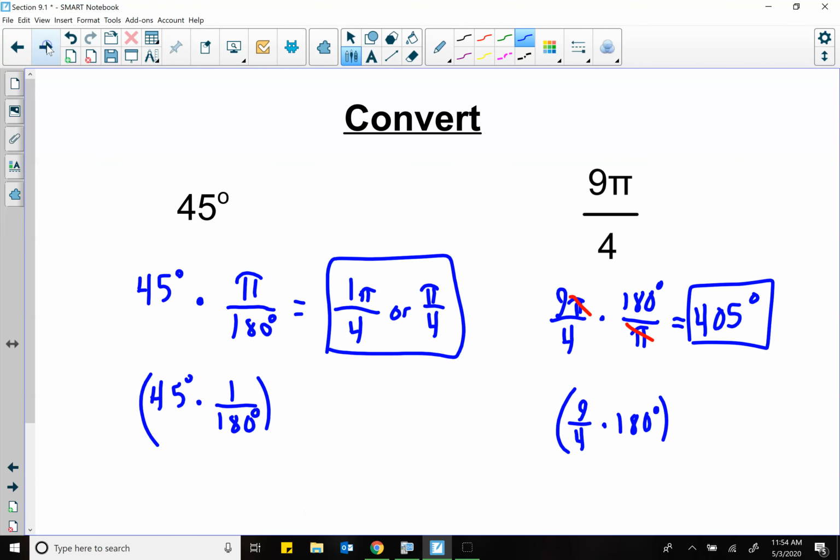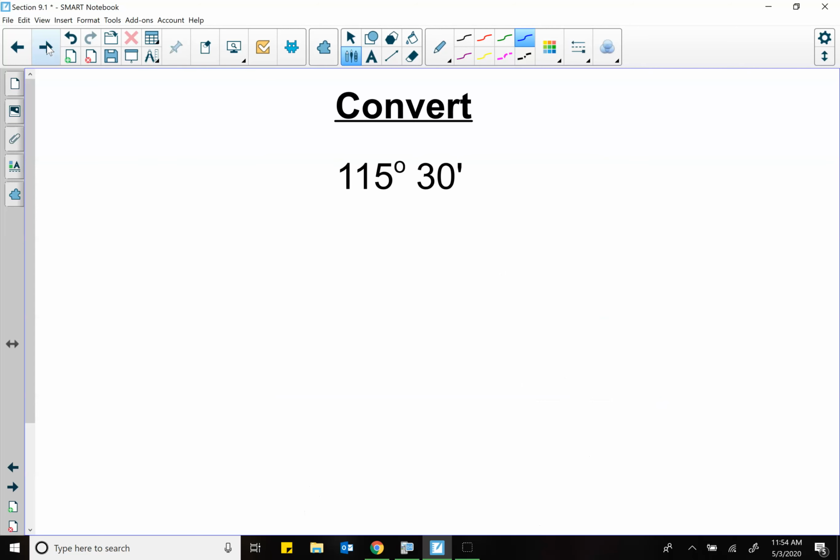Okay? So, now that you know how to convert, try this conversion. So we are in degrees and minutes. I want you to convert this into radians. Go. Okay. So, the first thing you're going to have to do, you need to convert this into the decimal version of this, because we have no ratios that tell us how to work with minutes into radians.